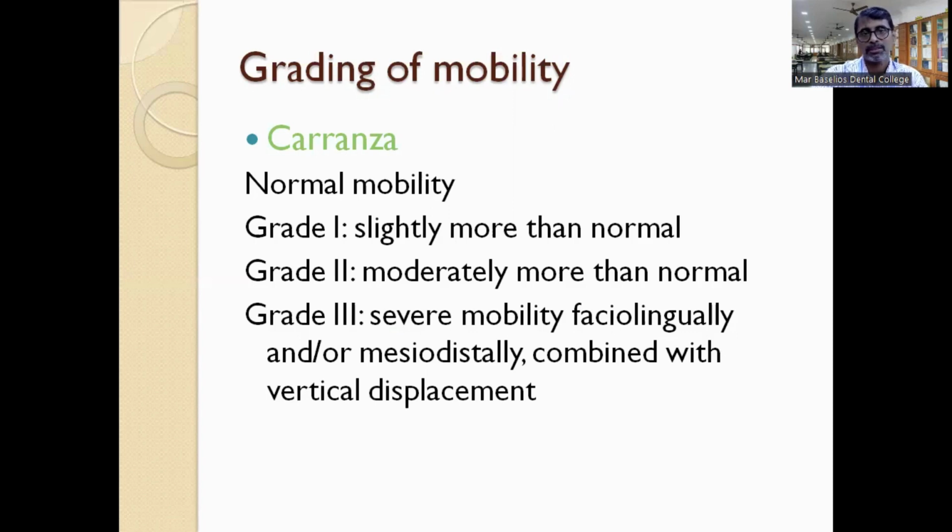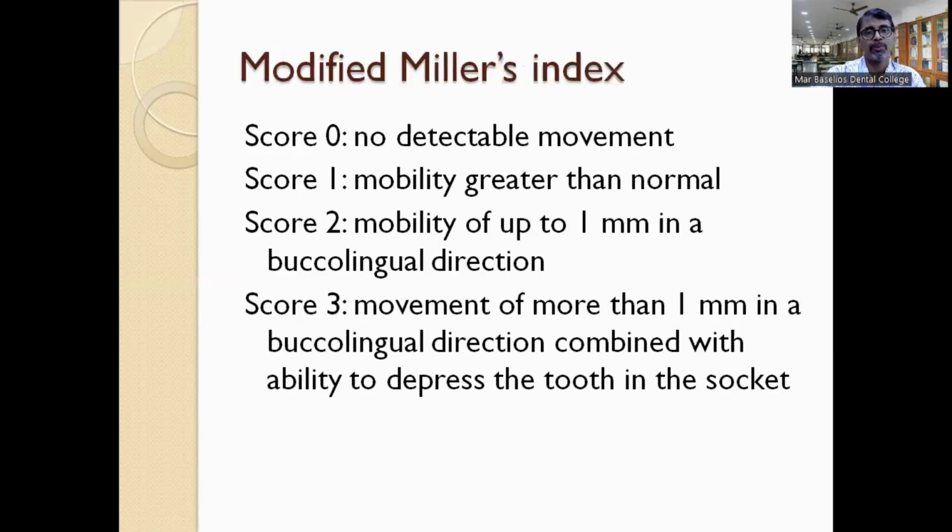Now, this is more of a subjective sort of grading. So you have a more objective method of grading tooth mobility, known as the modified Miller's index. Here it is given a score of 0 to 3. Score 0 means there is no detectable movement of the tooth upon application of force. Score 1, mobility is greater than normal.